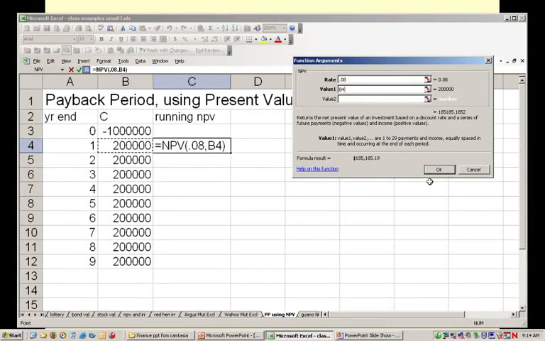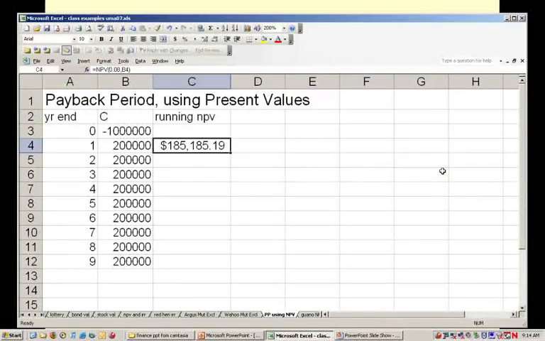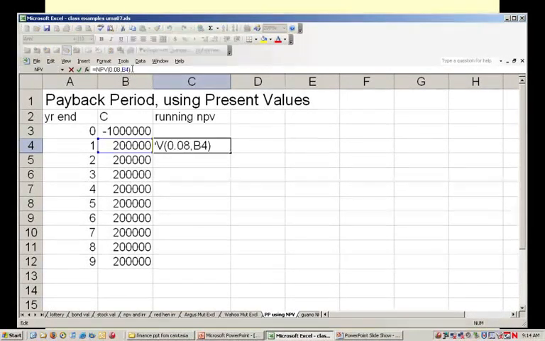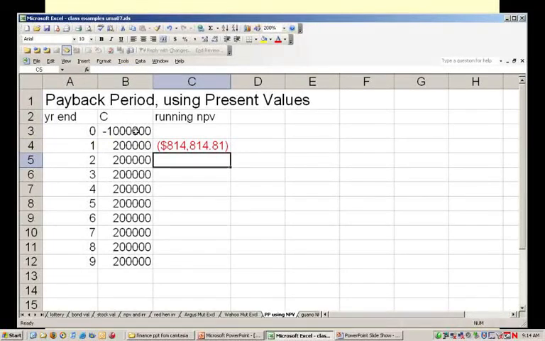Say OK, and then, as you recall, to calculate a true net present value, we have to go up to the formula bar and modify our formula by adding back in the year 0 cash flow. And at the end of the first year, the NPV is a minus $800,000.